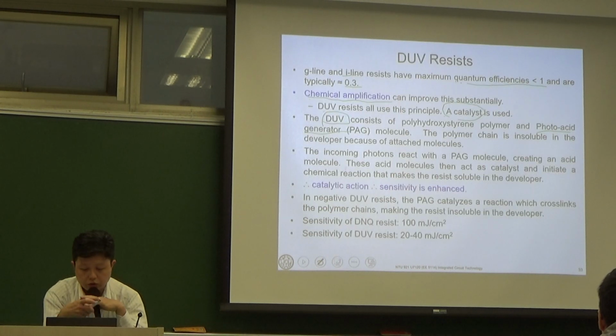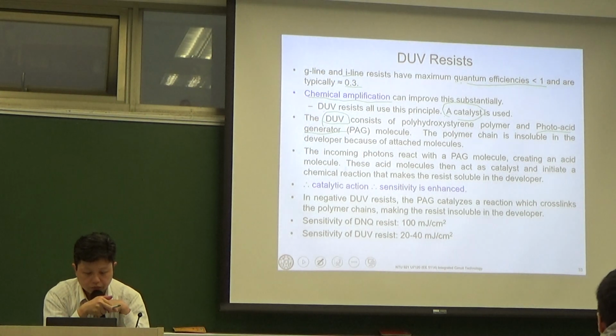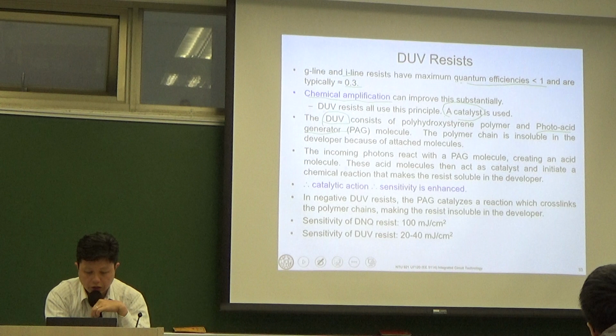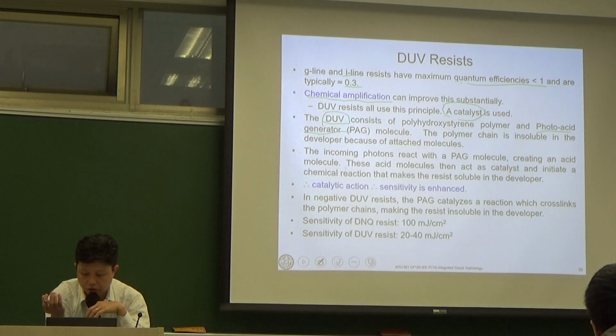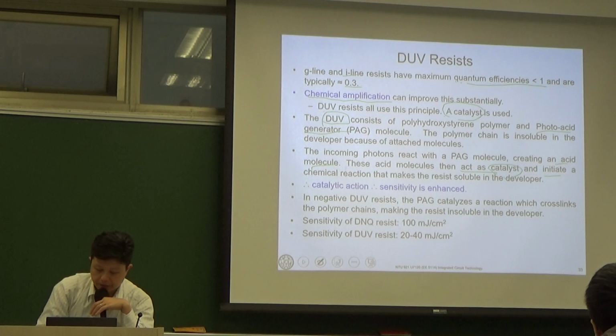Once you have the PAG attached, it becomes almost insoluble in your developer. Now, if you have incoming photons that will react with this PAG molecule and create an acid molecule, and this acid molecule will act like a catalyst and initiate a chemical reaction that makes the resist soluble in the developer. So it's a catalyst action, so you can increase the sensitivity, you can increase the efficiency.